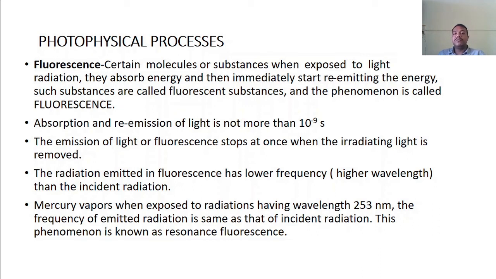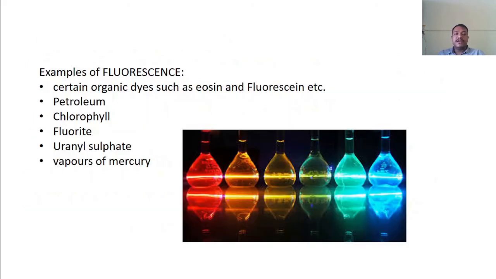Examples of fluorescence: organic dyes such as eosin and fluorescein, petroleum, chlorophyll, fluorite, that is calcium difluoride, uranyl sulfate, and vapors of mercury.